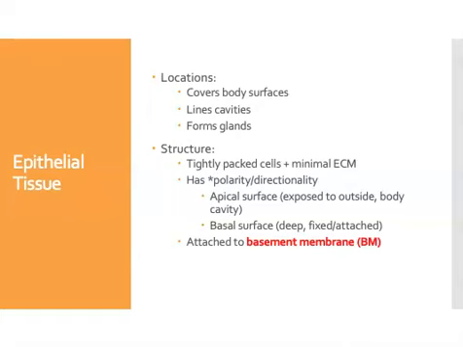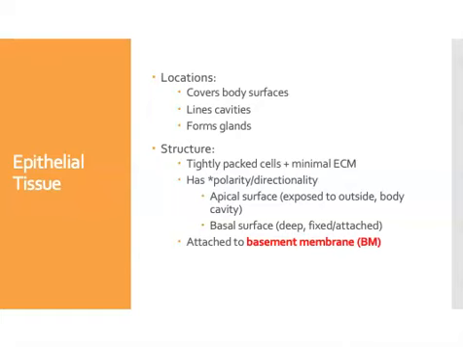The apical surface of epithelial tissue is the surface that's exposed to the outside or to the space within a body cavity. The basal surface of that tissue is the deeper surface, the part that's buried and hidden and fixed down into the body.